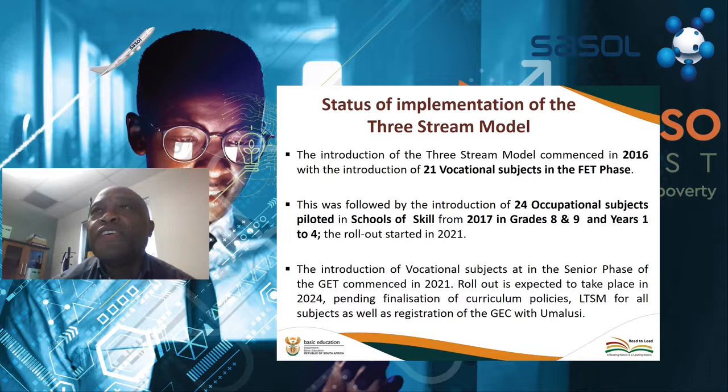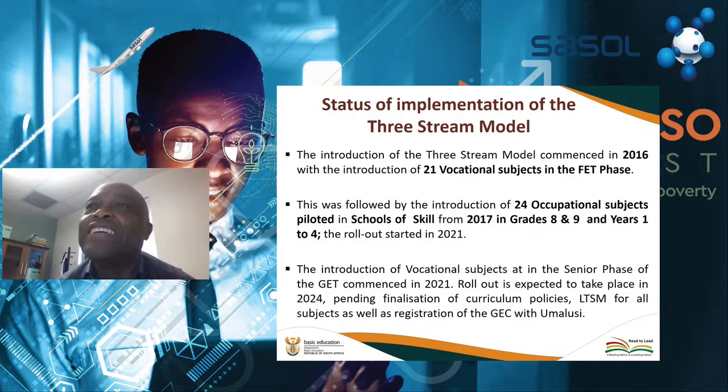Now, in terms of the status of the implementation of the three-stream model, the introduction, as I've indicated earlier on, started in 2016 at grade 10 with the vocational subjects in the FET phase.